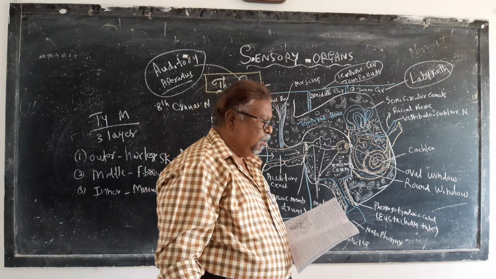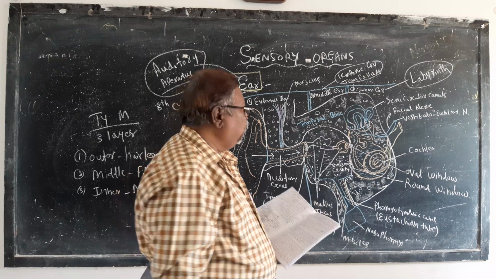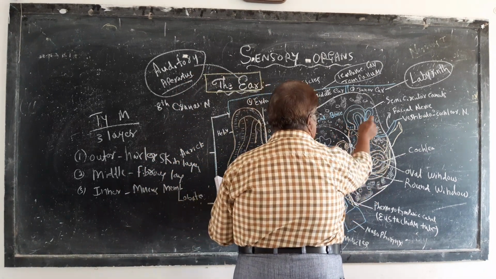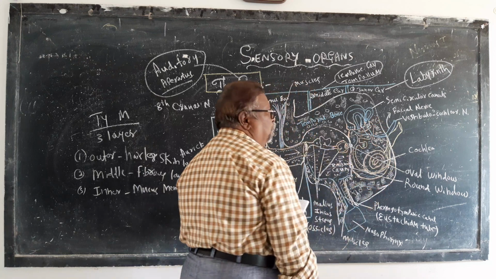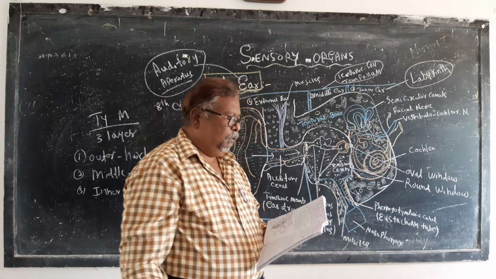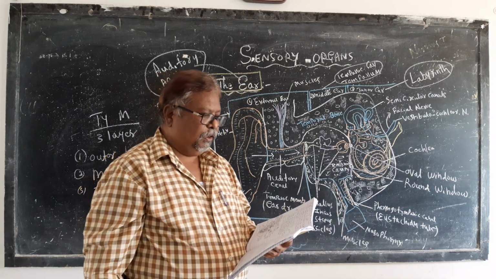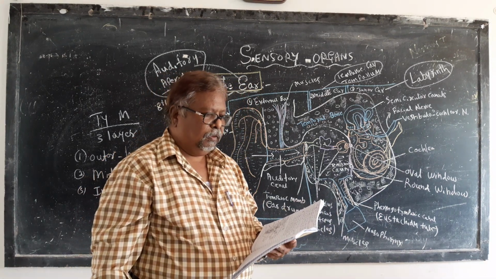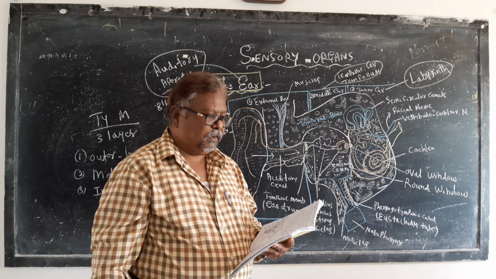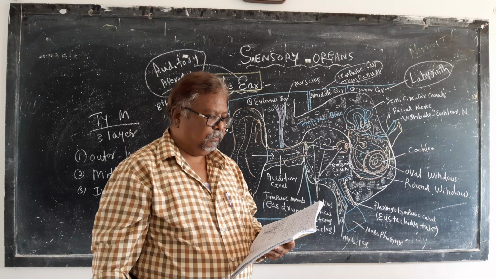The inner ear is situated in the temporal bone. It is completely situated inside the temporal bone cavity. It is described in two parts, bony labyrinth and membranous labyrinth.